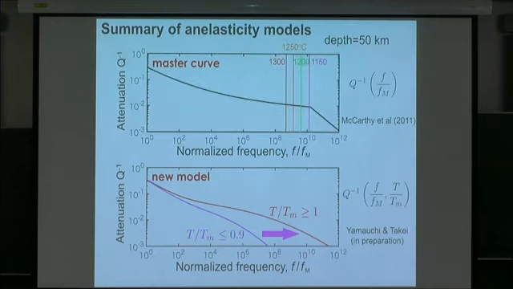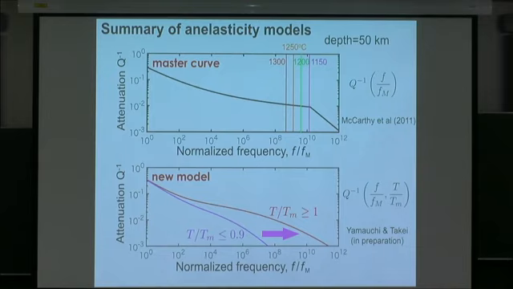The vertical lines shown in the master curve model show the normalized frequencies at 50 kilometer depth and at several temperatures shown by the same color. Although frequency is fixed to 0.01 Hz, the Maxwell frequency changes with temperature because viscosity changes with temperature.